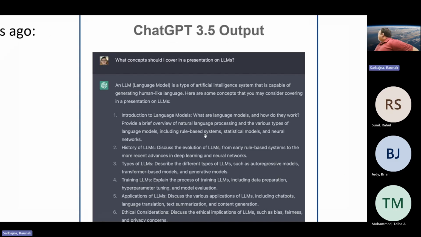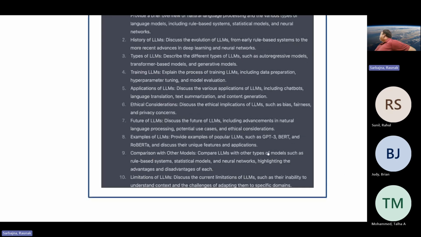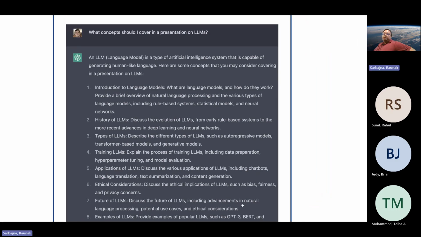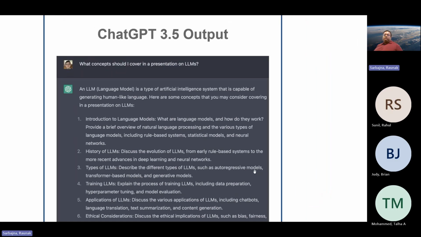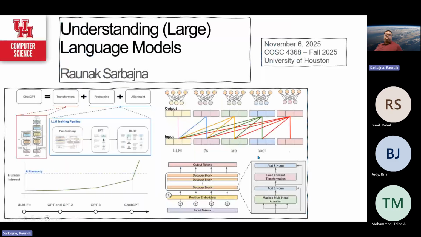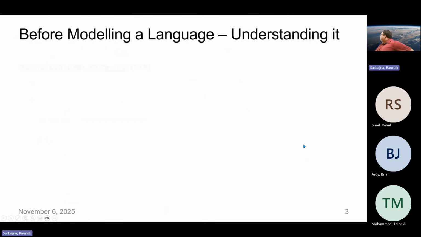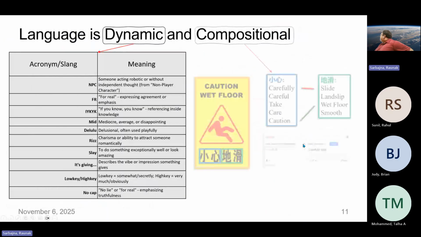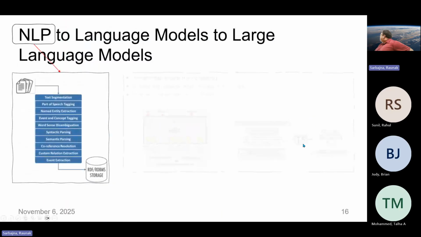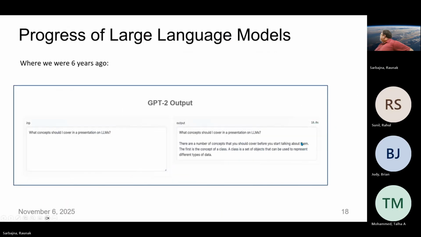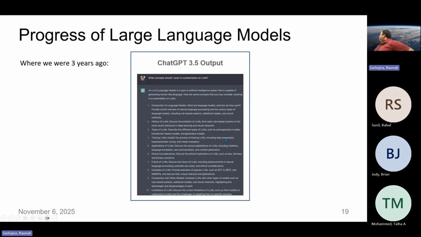Already you can see that this result from 2022 is far more complex. It has actual meaning, right? This is not meaningless, as opposed to this one, which is a very generic statement. This already has meaning.